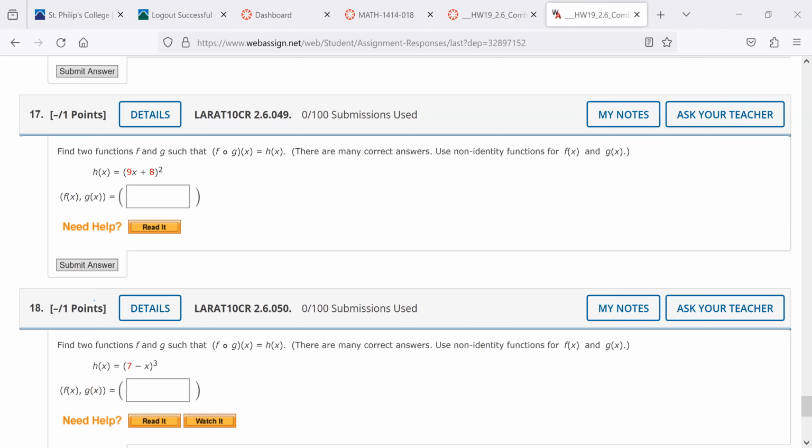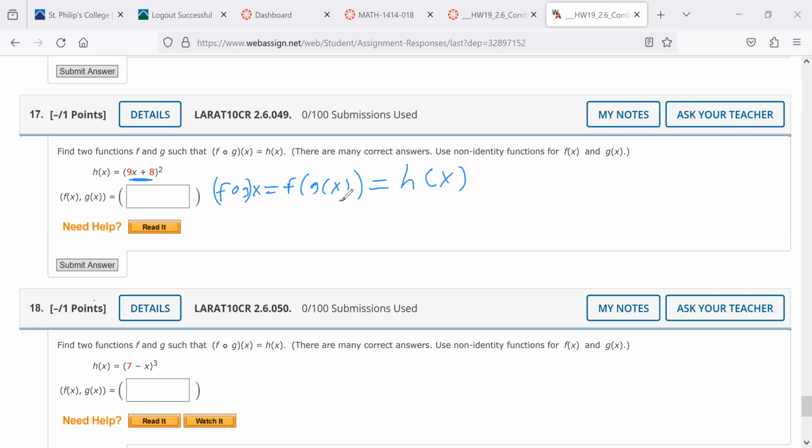So do you see how there's like an outer function and an inner function? So this is the inner, right? And we understand that f of g means this. So this is h.